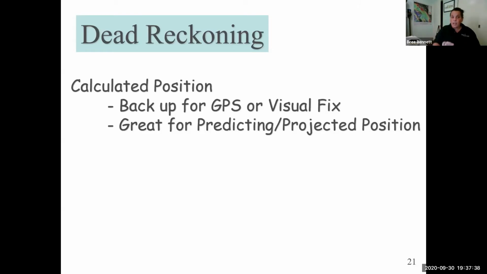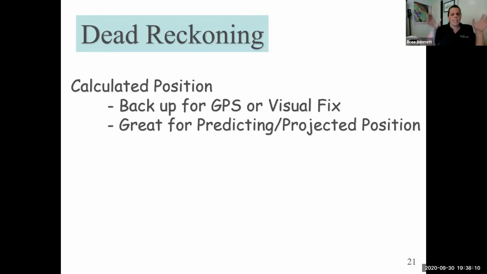What we call this is dead reckoning, which is short for, I think originally it was called deduced reckoning, which is just a calculated position. You'll hear me and other people refer to it as a DR. Your DR fix, your DR something or other. That just means it's calculated.